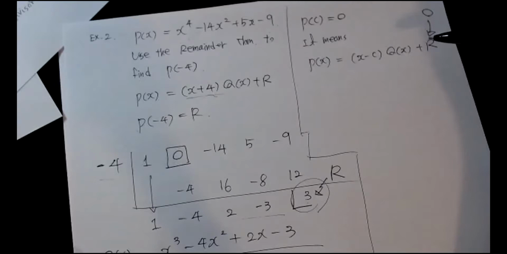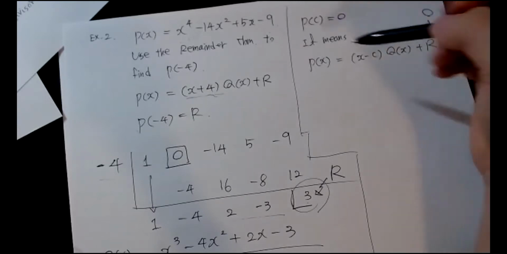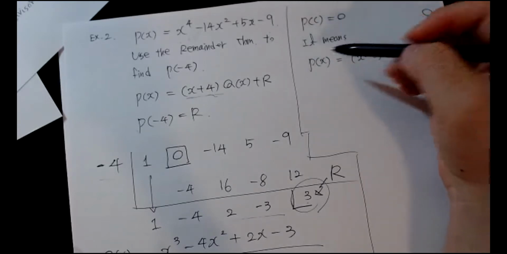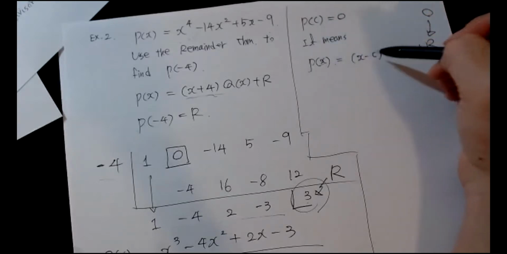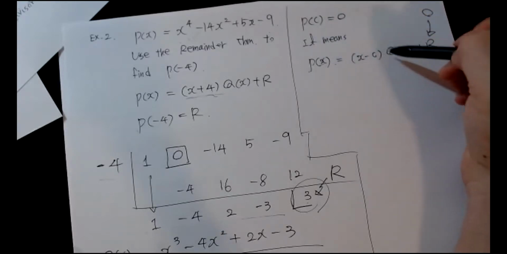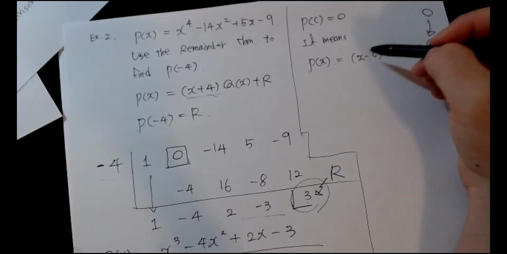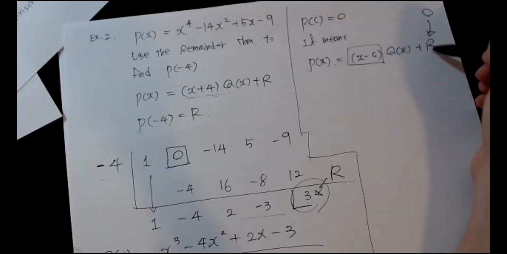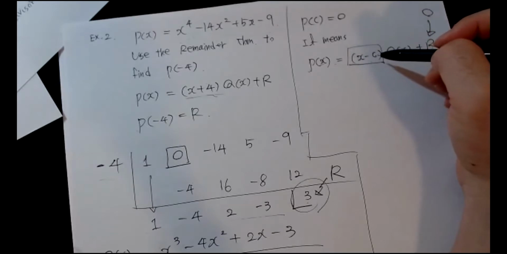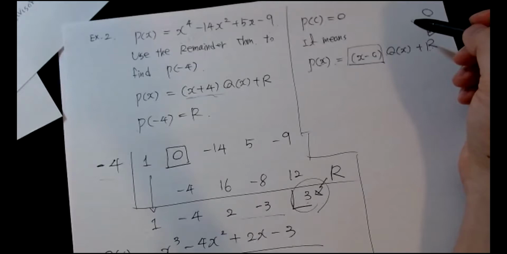Substitute c into x: p of c is equal to c minus c times q of c, plus r. c minus c times q of c is 0, so if r is 0, x minus c must be a factor. If r is not equal to 0, then x minus c cannot be a factor. So when you divide the polynomial by x minus c and get 0 as the remainder, that means x minus c must be a factor.